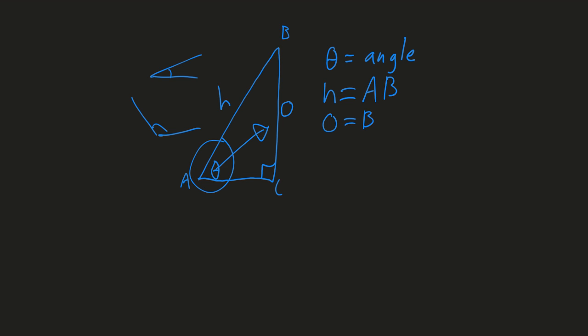So this is going to be the side B to C. And then the adjacent side is the side that's just right next to our theta, our angle. So this is going to be side A to C. So these are the three different sides, and this is what that weird symbol that you see in the notes is. And so this will be helpful for us as we move forward.